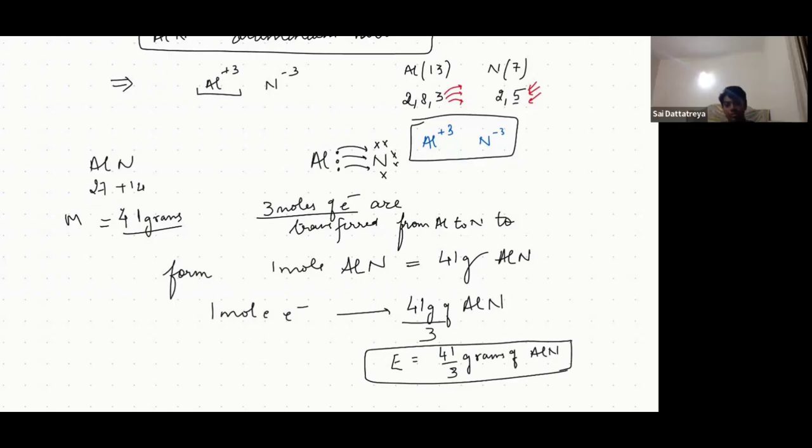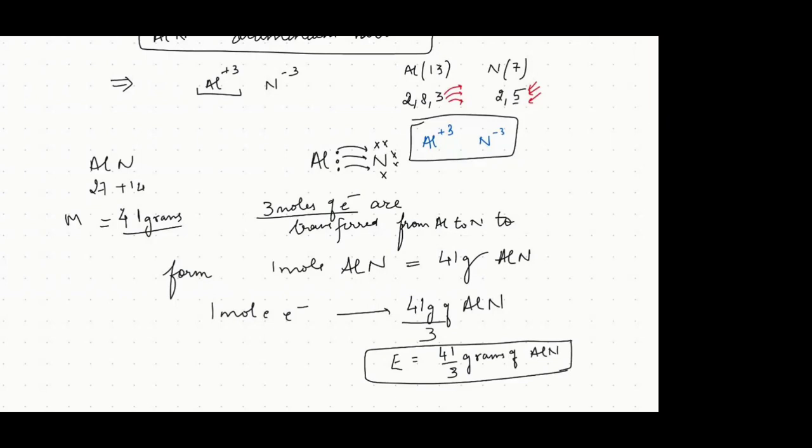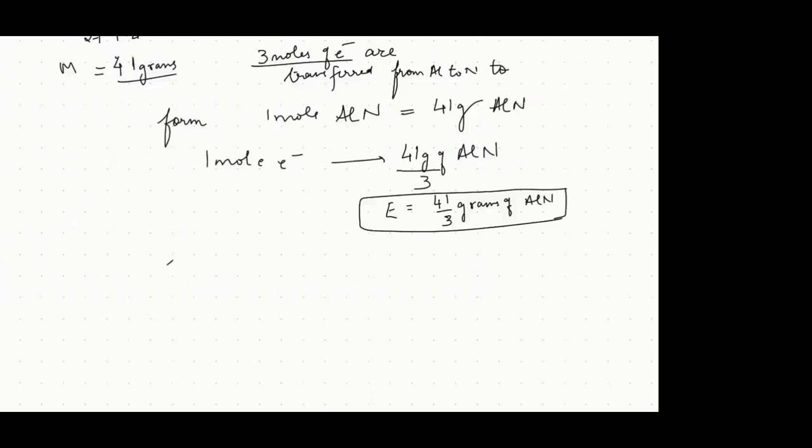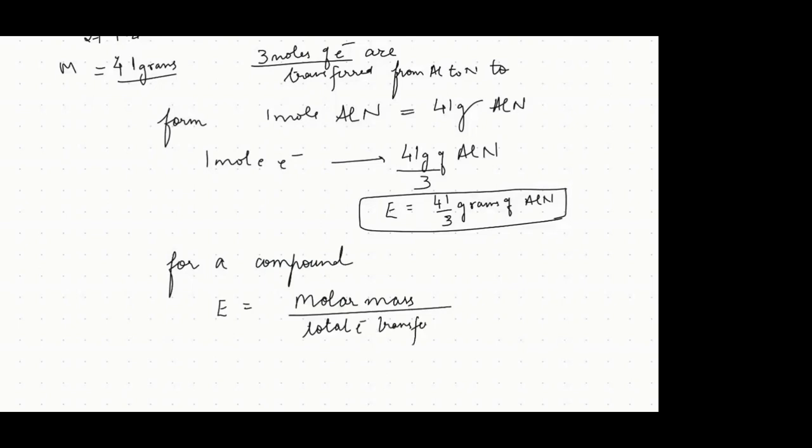Yes. So for a compound, how should I define it? For an element, I defined it as molar mass by valency. For a compound, ideally, I should write the total electrons transferred from metal to non-metal.